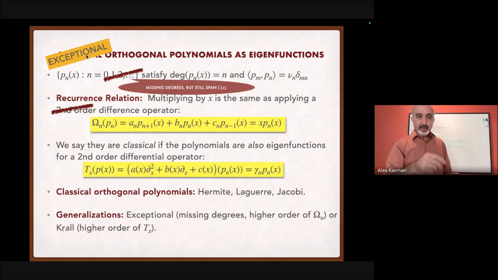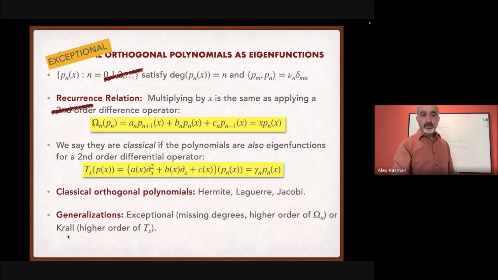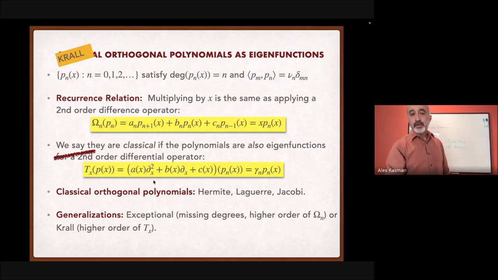People have been studying those since about 2008. And then what's called the Krall polynomials is a different generalization. The Krall polynomials are just like the classical orthogonal polynomials, except instead of having a second order differential operator, it's a higher order differential operator. So it involves the third or fourth or sixth or 10th derivative. And something that people have been asking me and my co-authors when we give these talks is, what about both?